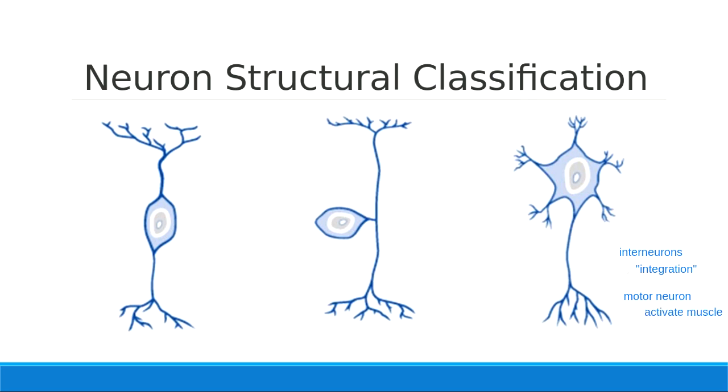Motor neurons activate muscle, typically. So my bipolar neurons, they were special senses. My unipolar neurons, they're what we call general senses. And my multipolar neurons could be interneurons or motor neurons.